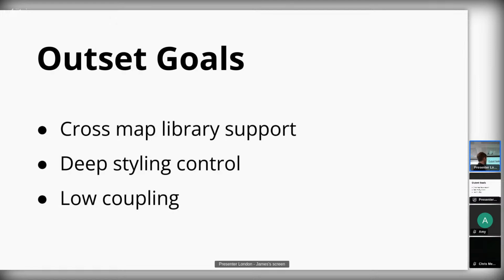And the last thing, and this comes back to the first point as well, is low coupling. What I mean by low coupling is that things shouldn't be super tied together. You should be able to replace elements of it and things just continue to work as long as they adhere to the same interfaces. So the last point allows for the first point: as long as everything is strongly decoupled, then you should be able to write, for example, an adapter that works for any mapping library.